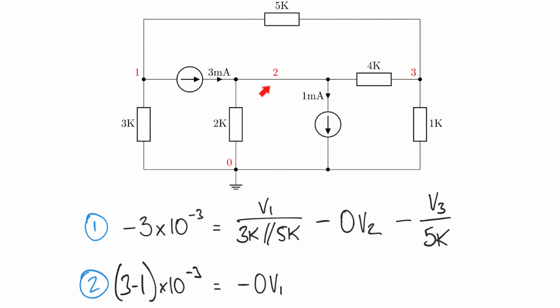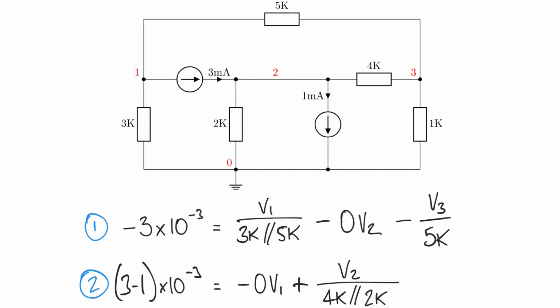Well, yes, we have 2K here connected to node 2, and we have 4K connected to node 2, and so we have plus V2, because we're at node 2 for this equation, so plus V2 is the node in question, and the voltage in question, divided by 4K in parallel with 2K.